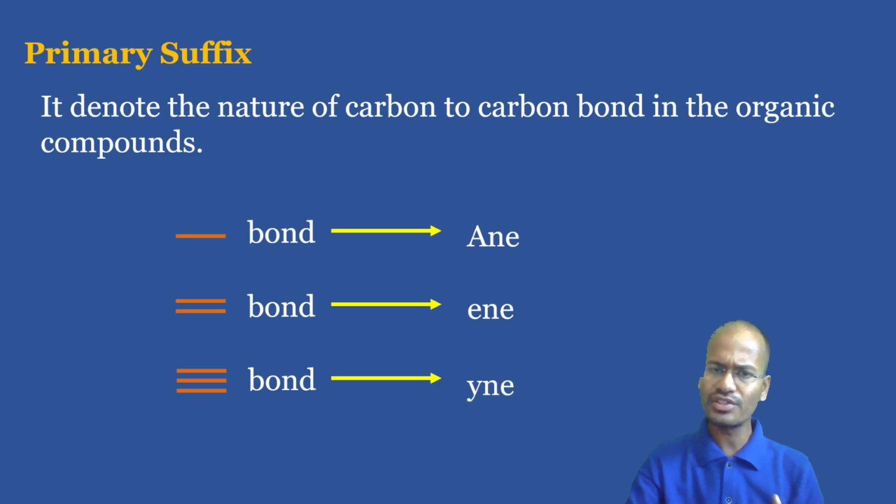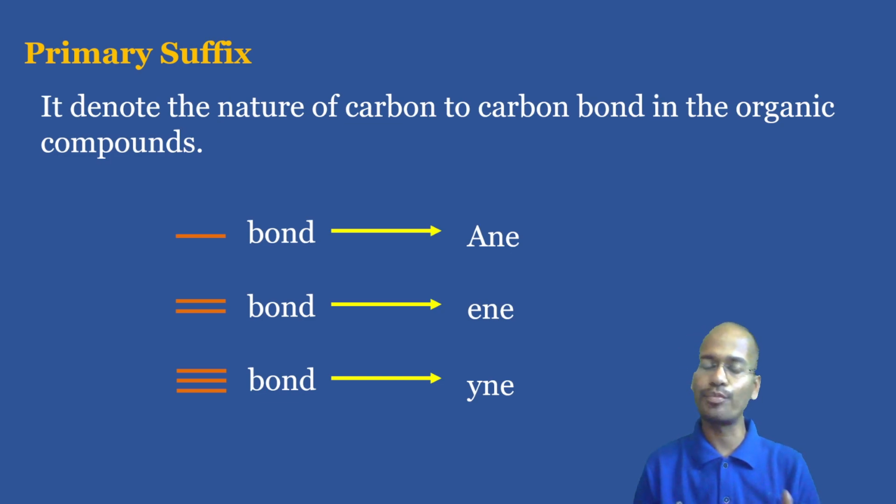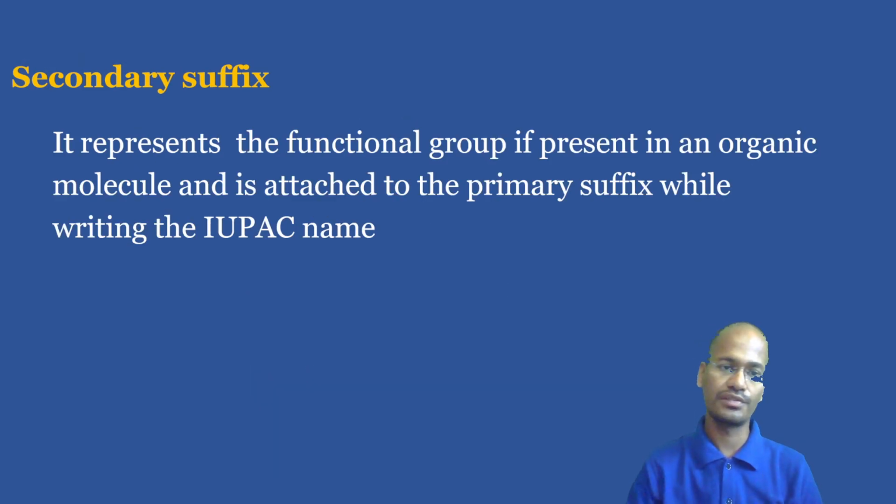It purely depends upon the type of bonding between carbon and carbon, or in other words, it indicates the type of hybridization of the carbons present in the given organic molecule. So with this, let us move to the last part of the IUPAC name, that is the secondary suffix.